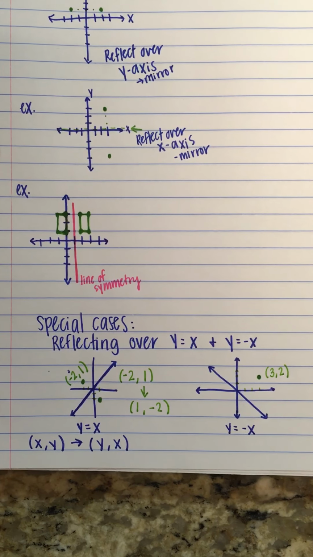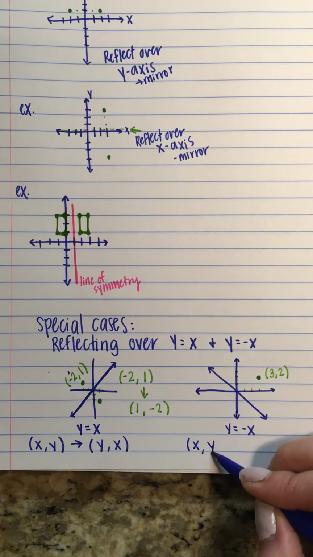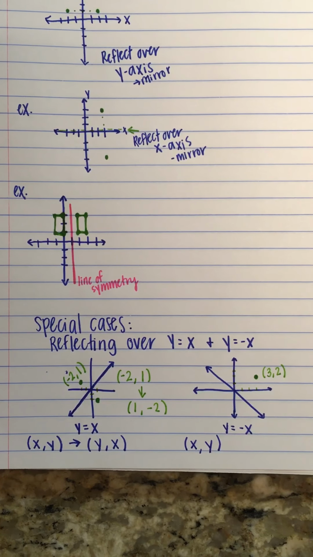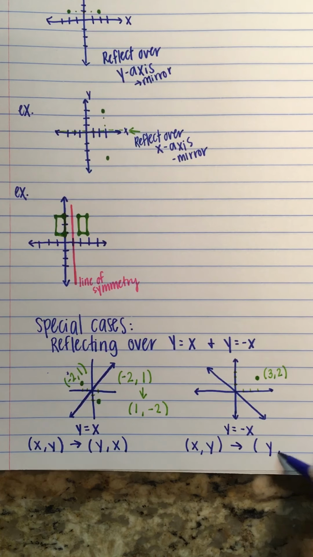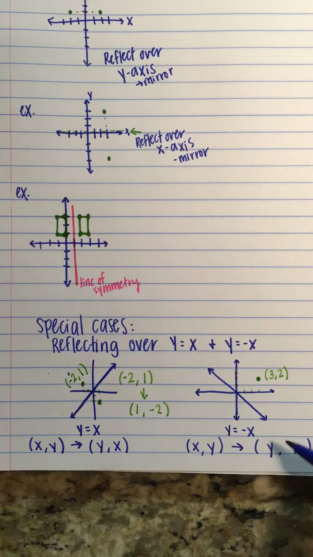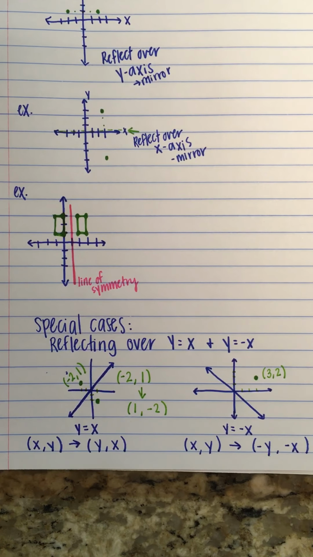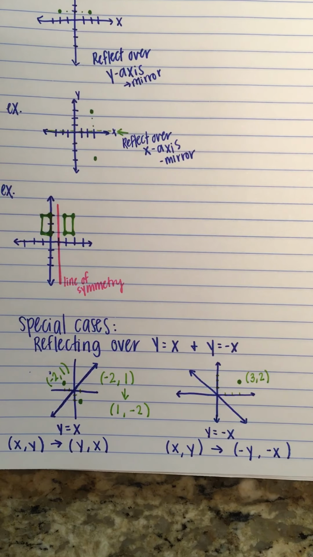So for this kind of special rule, whatever your ordered pair is, so I'm using xy to just stand for an ordered pair, you're going to switch their spots, but then you're also going to change the sign. Okay? You're switching their spot, but then you're also changing the sign.